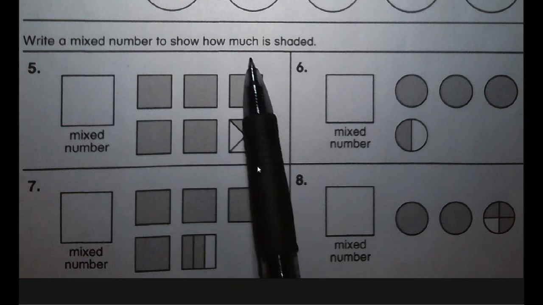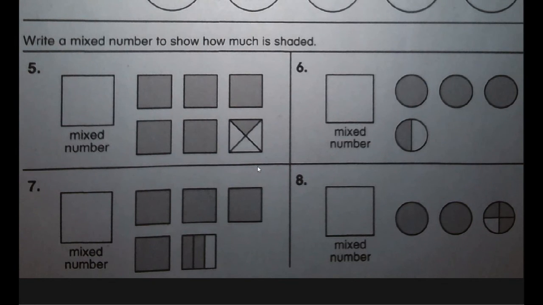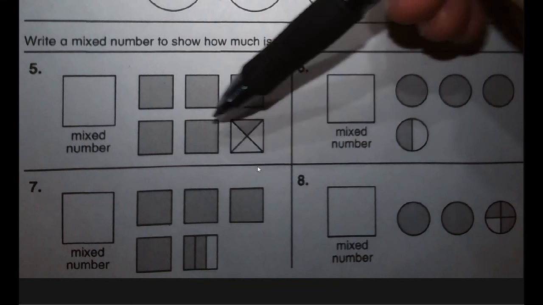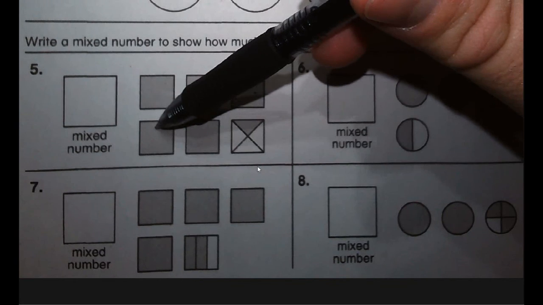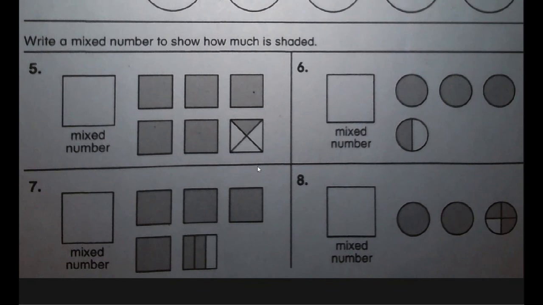You'll notice there are 1, 2, 3, 4, and 5 squares shaded. Okay, so we know our whole number is going to be 5. Our fraction, though, is going to be what? Do you guys have an idea?